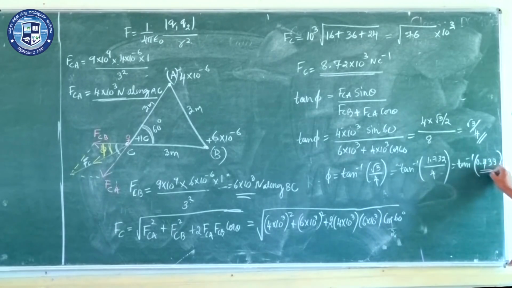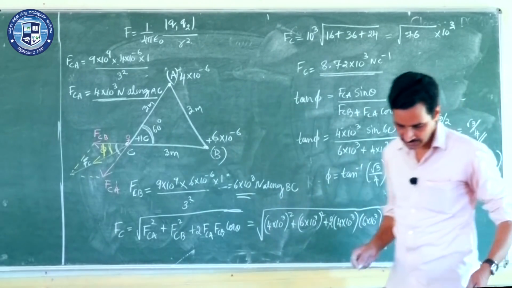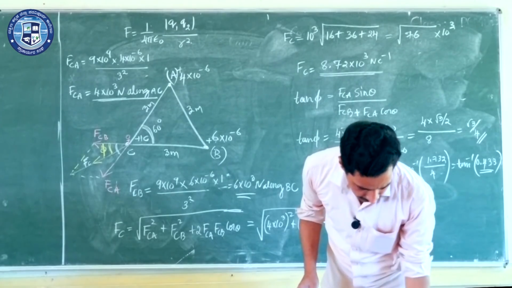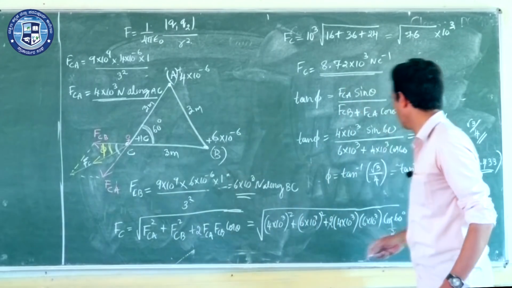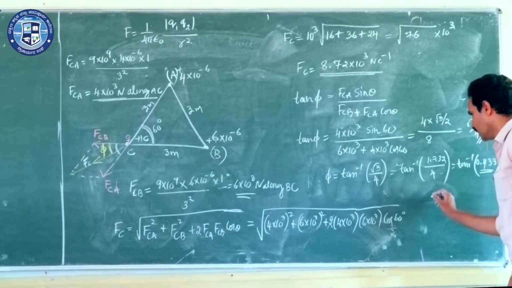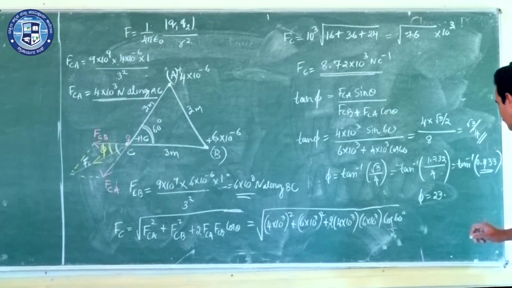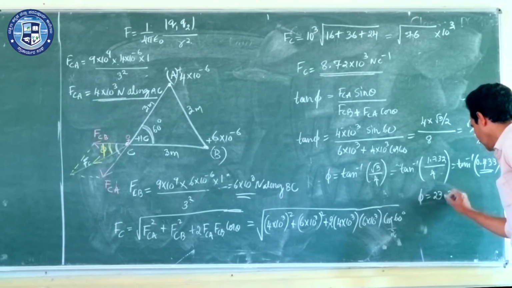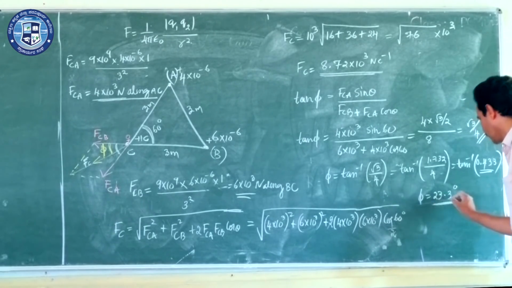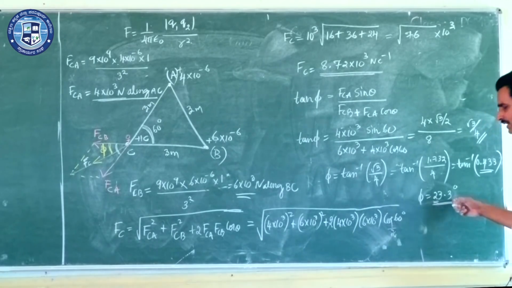If you search for this number in the tan table, you will get some 23 degrees, something like that. The approximate answer I have written: phi is almost 23.3 degrees or 23.4 degrees. The fraction will change a little bit.